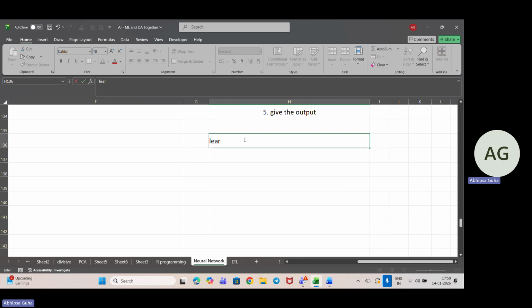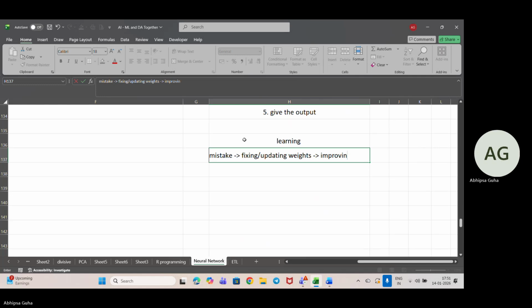And for the learning, in case of a mistake, it fixes or updates the weights, and we are improving. Okay. So this is how it is taking. Already discussed in detail how things are moving.